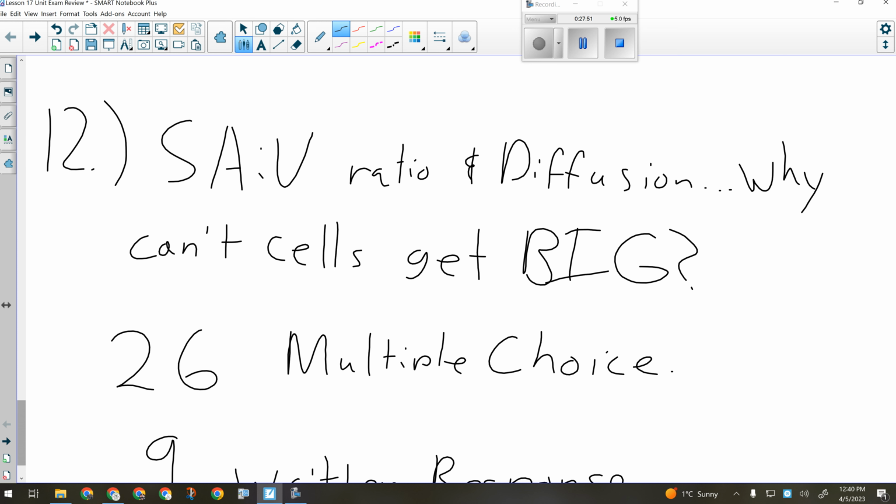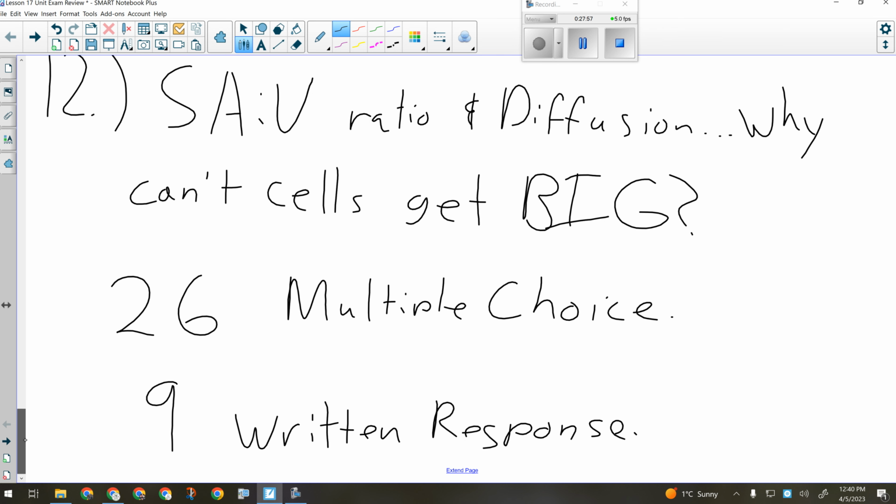Okay, so why can't cells get big? That's what we're looking at here. And we are looking at 26 multiple choice questions and 9 written response.